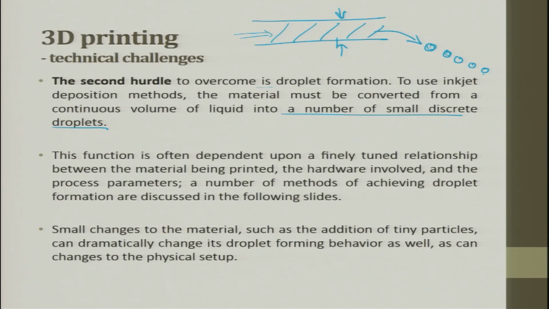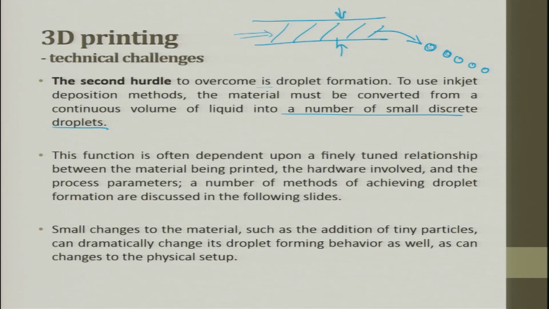The droplet size plays a very important role. If the droplet size is large, then unnecessarily a lot of binder will be used. If the droplet size is small, it has to be synchronized with the feed rate. If that is not done, it is prone to defects. This function is often dependent on a finely tuned relationship between the material being printed, the hardware involved, and the process parameters.